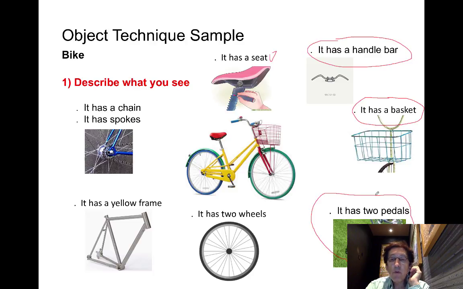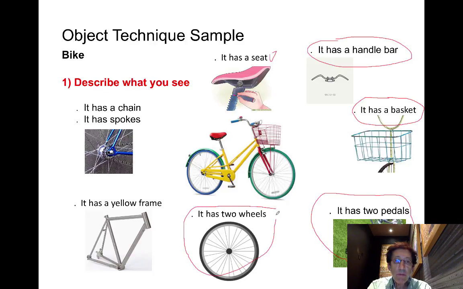Okay, if you want to use the word foot, then you say we put our right foot on the right pedal and put our left foot on the left pedal. Otherwise, you say we put our feet on the pedals. Okay, very good, and it helps the bike to move forward, right? Yes. Very good. Now go to the next one.